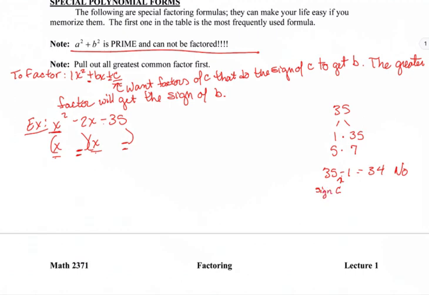That is not b, so that's not my answer. Now I'm going to take 7 minus 5. That's equal to 2, and that is equal to b. So that is my answer. I have a 7 here and a 5 here. The greater is 7, so this is going to be a minus sign because 7 is greater than 5.